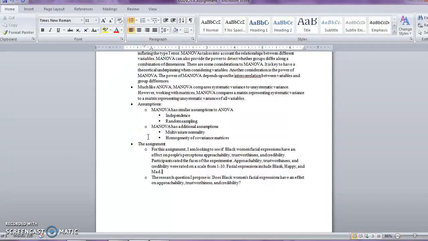For assumptions, MANOVA has similar assumptions to that of ANOVA. So independence: the scores on the dependent variables should not be dependent upon another dependent variable or outcome variable.